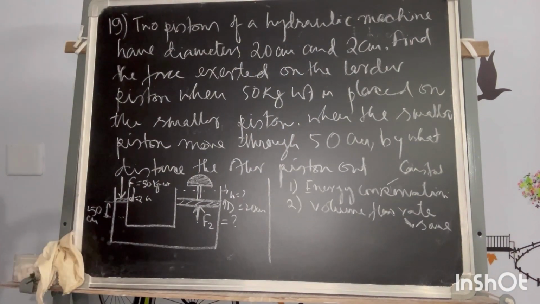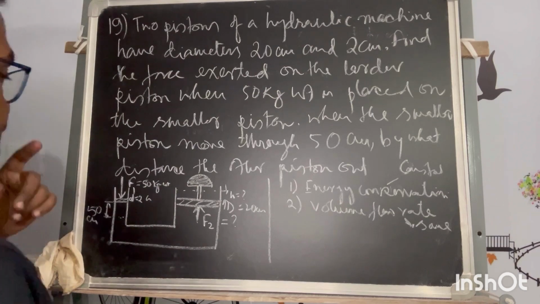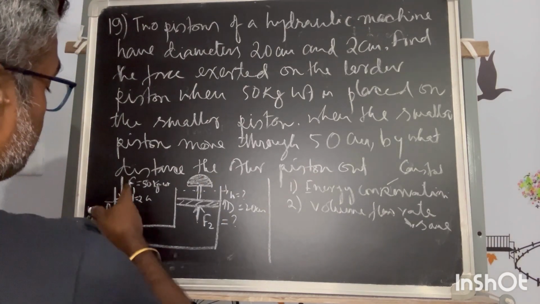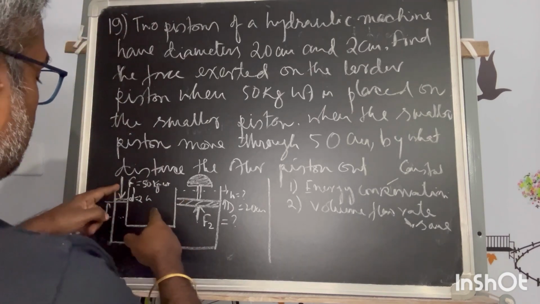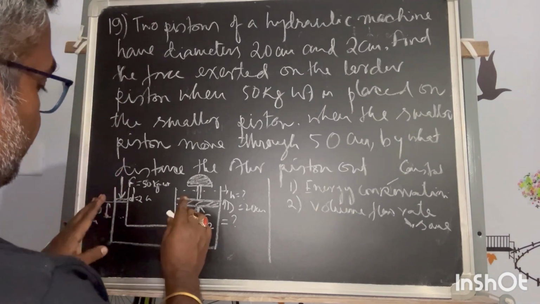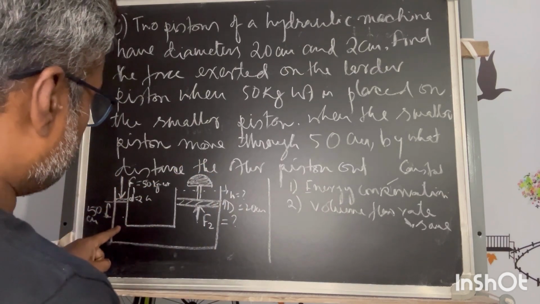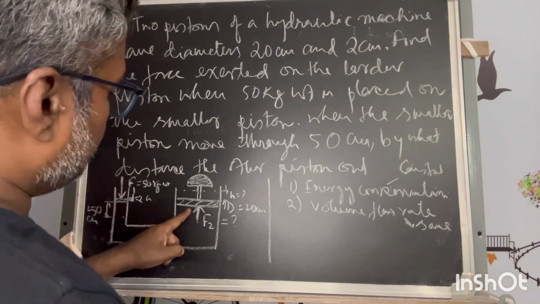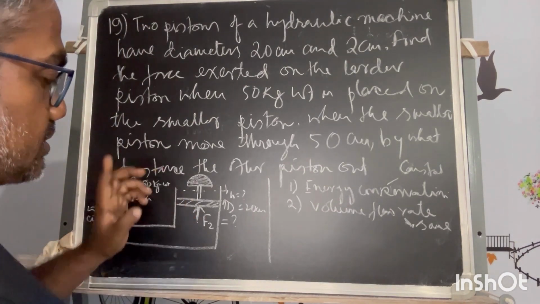The first thing is the force, because the displacement we don't know. After putting the force, the piston is under equilibrium, so whatever pressure is created by the force F1 will be reflected here when F2 is exerted.